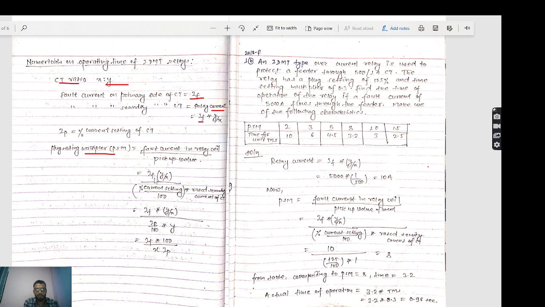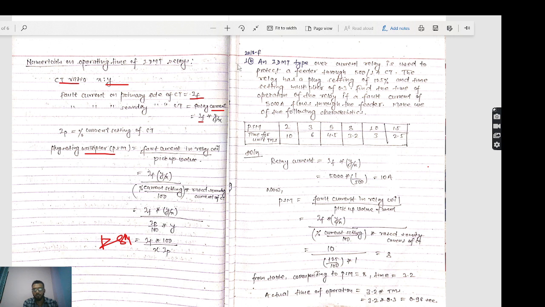The pickup value is the percentage current setting upon 100 into the rated secondary current of CT, which is y. So PSM equals IF into y upon x upon IP upon 100 into y, and on calculating we get PSM as IF into 100 upon x into IP.